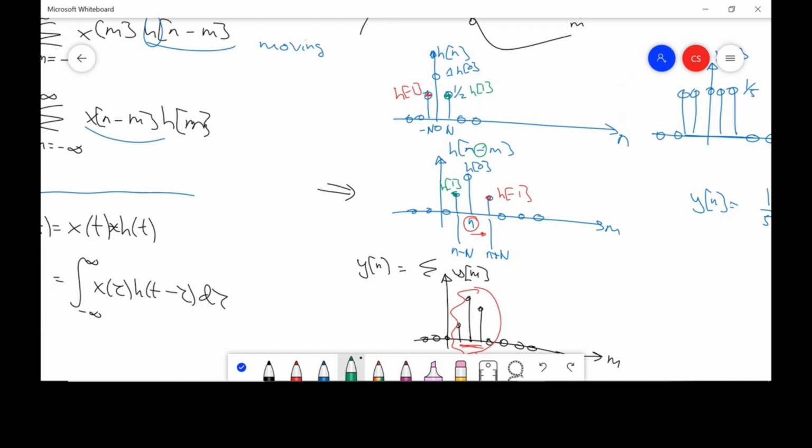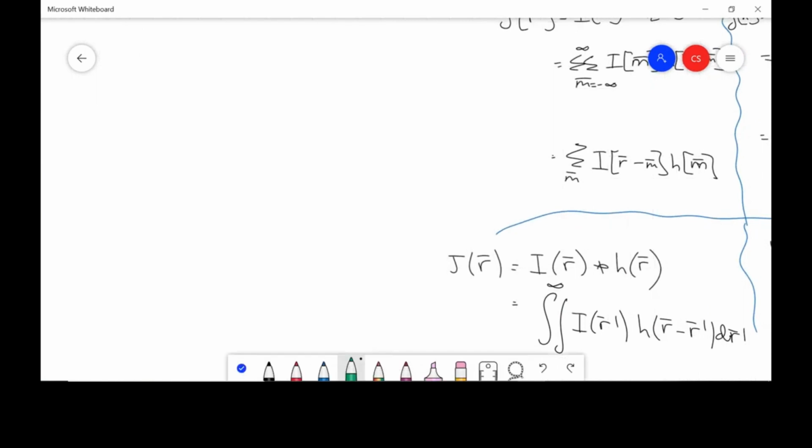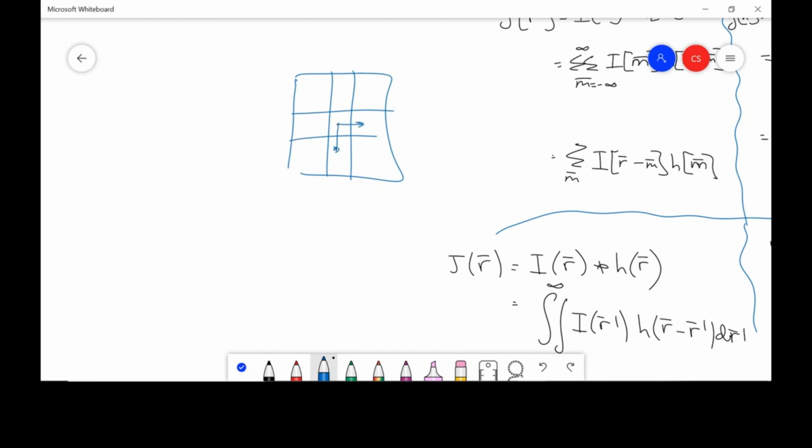When you have a kernel in 2 dimensions, let's define our kernel in 2 dimensions. Let's say that our kernel is something like this. You will have the origin somewhere. Let's say that this is the origin, the 0, 0 point. So this will be h of 0, 0.